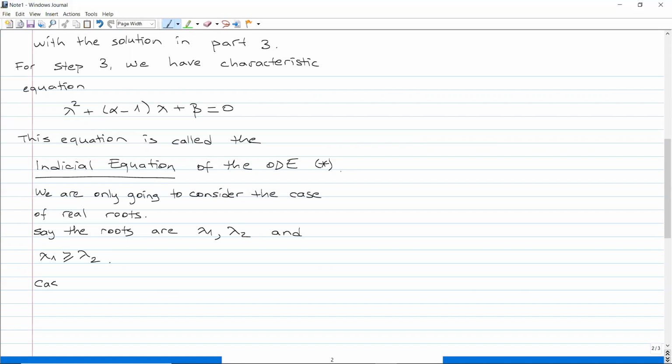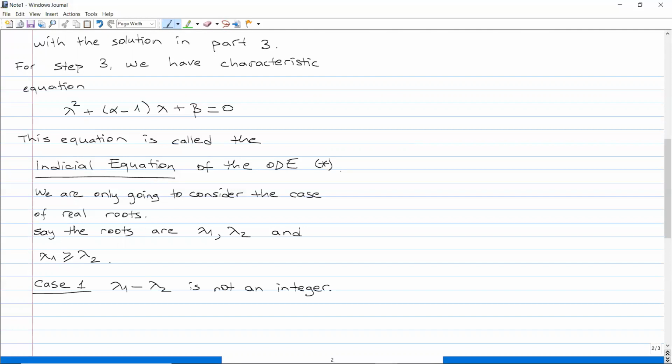And we are only going to consider the case lambda 1 minus lambda 2 is not an integer. As I said, there are treatments in the book, and if you're interested, you can check the examples in the book to see what goes wrong when this difference is an integer.